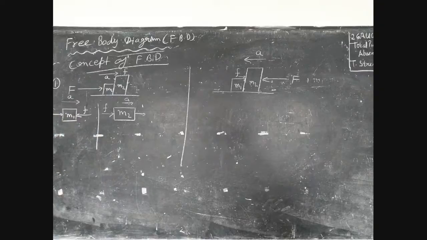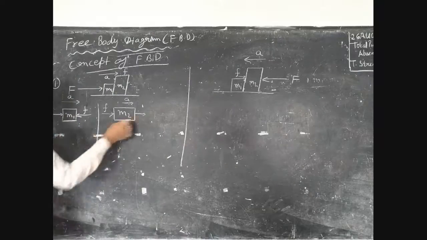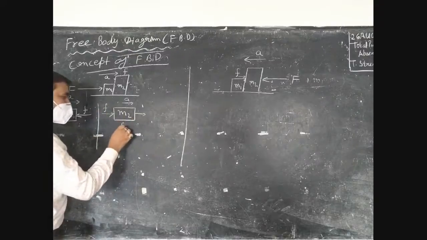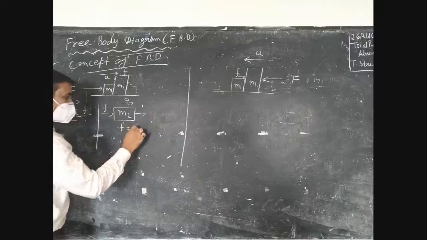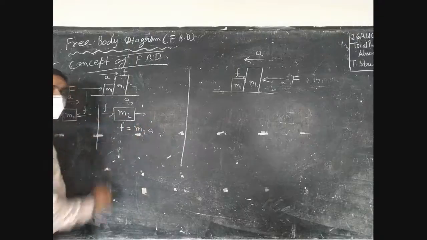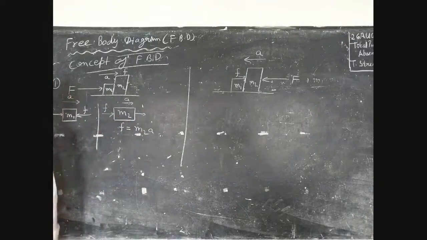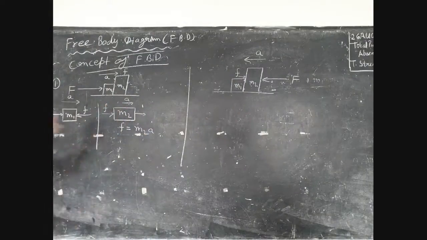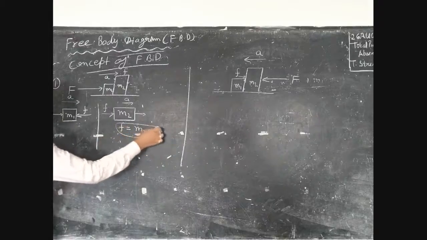Now you need to solve the net force situation. The force F here, how much is it? So the answer is this F is equal to m2a, because there is nothing to stop it. If it gets motion, it will move with the acceleration. ठीक है? So this becomes your first situation.